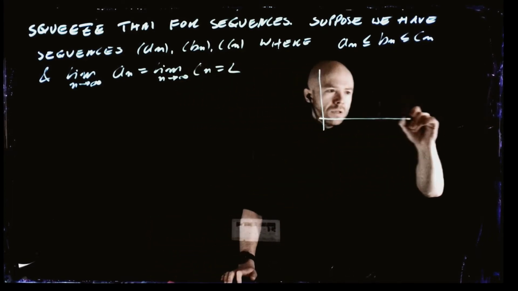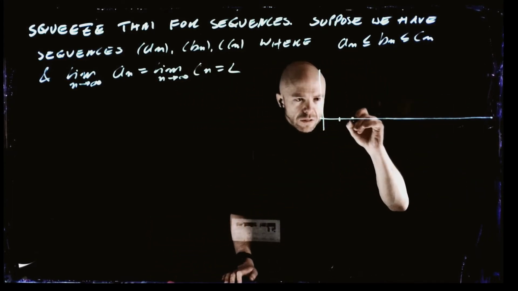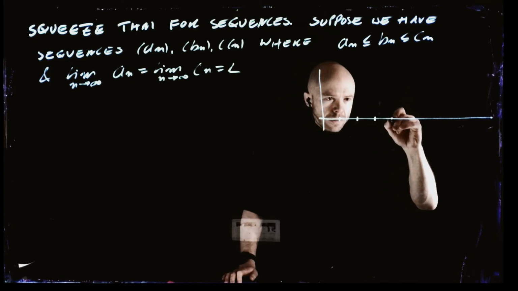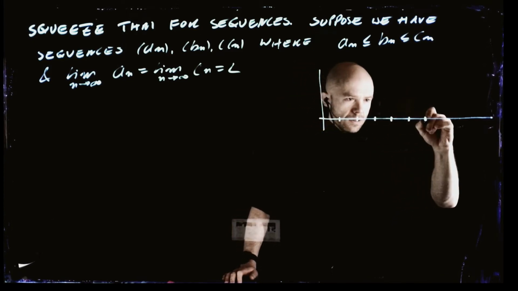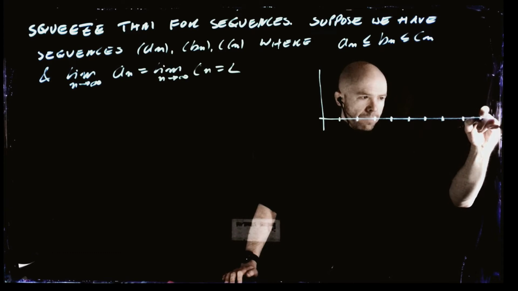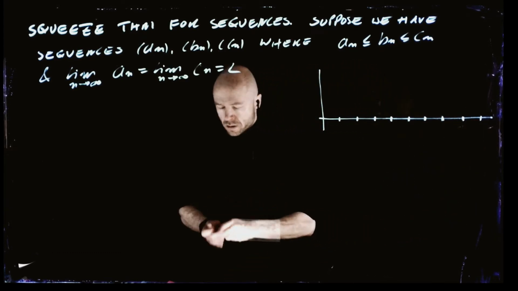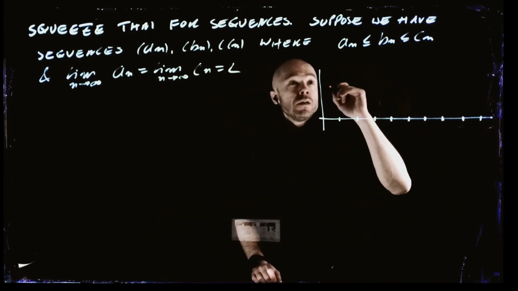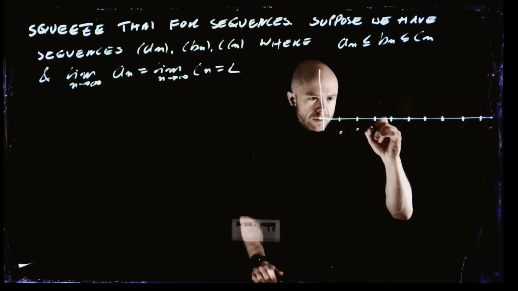So we think of sequences, or we're going to visualize sequences, living above the integers on the x-axis, right? Let's put our AN in red like this.